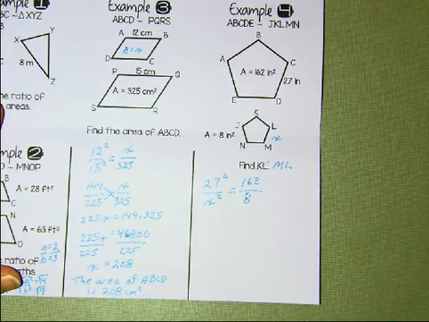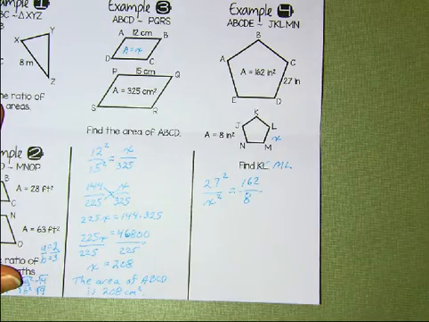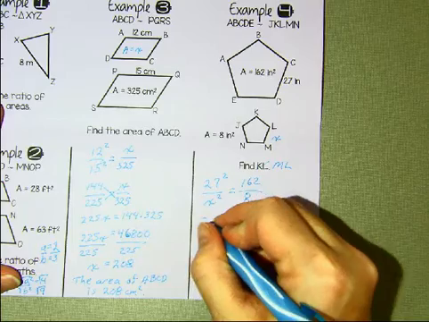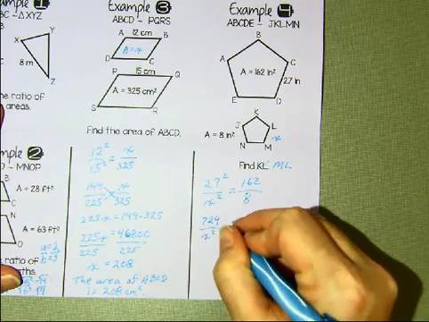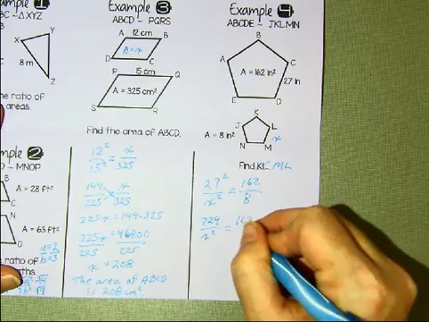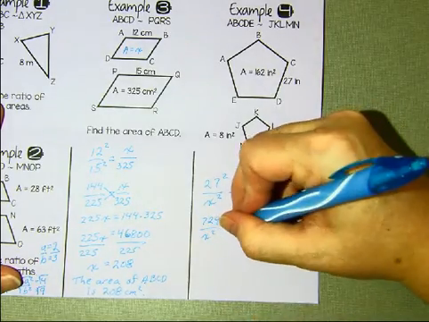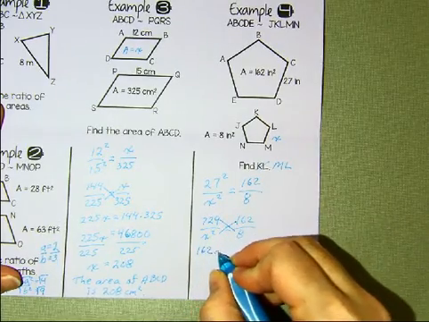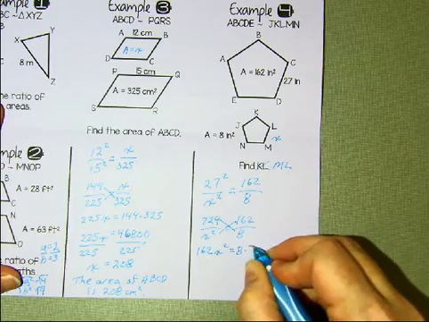Now that we have that set up, we're going to simplify the exponent. So the 27 squared is 729. So this is 729 over x squared equals the 162 over 8. Then we're going to cross multiply. We have 162 x squared equals 8 times 729.